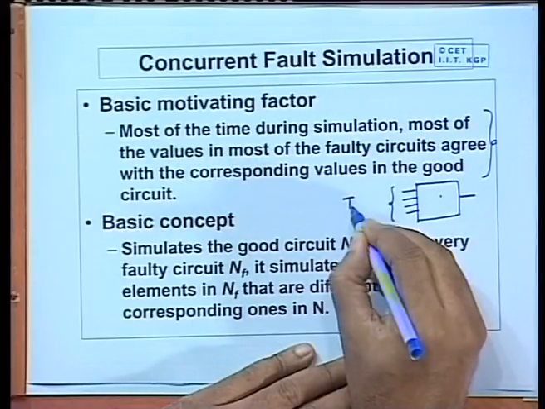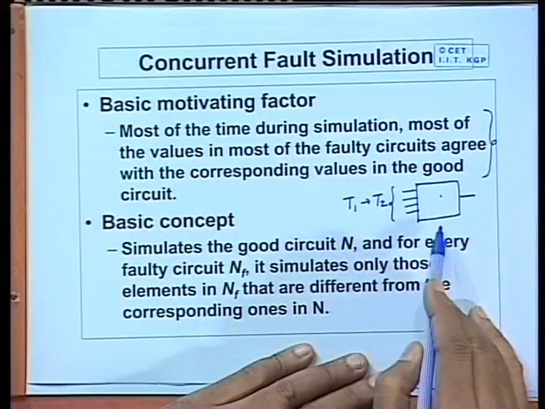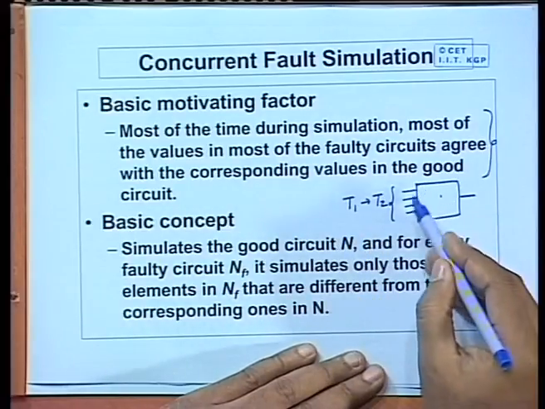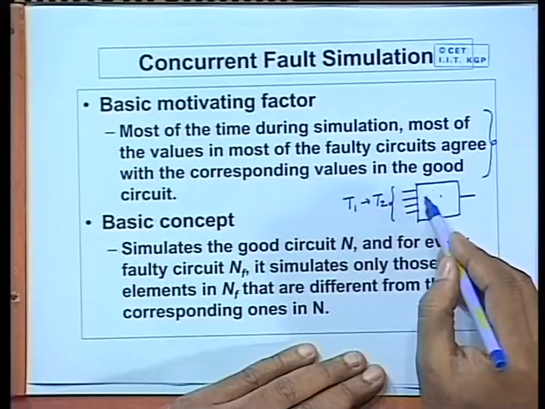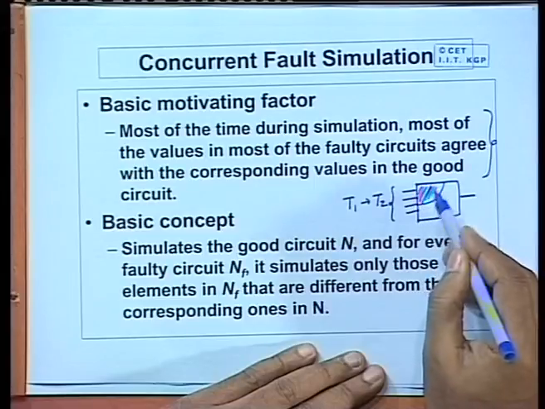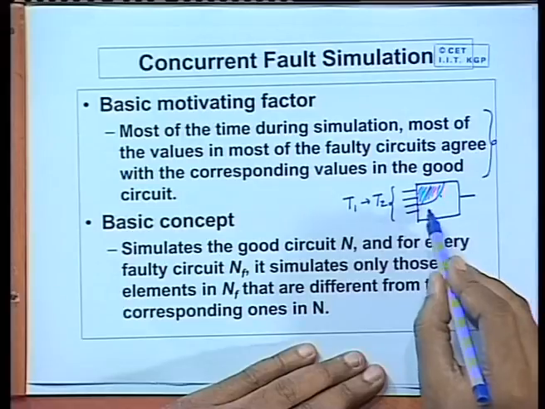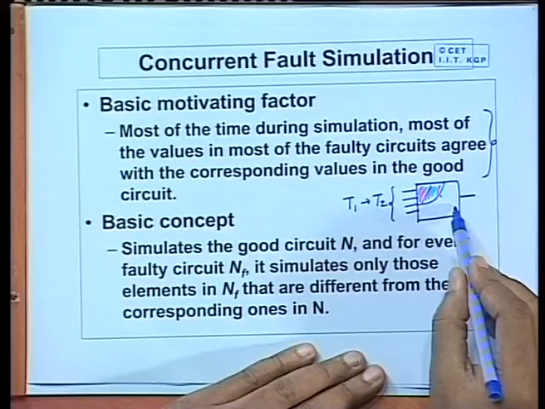Then from one test vector T1 we go to another test vector T2. But actually what happens in practice is that if you look at the circuit, only a small portion of the circuit will have some changes with respect to the logic values of the lines. The remaining portion of the circuit will not be affected in general.